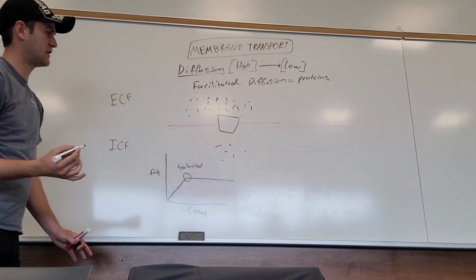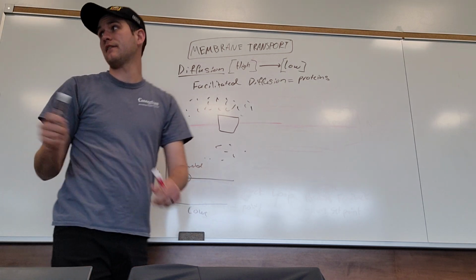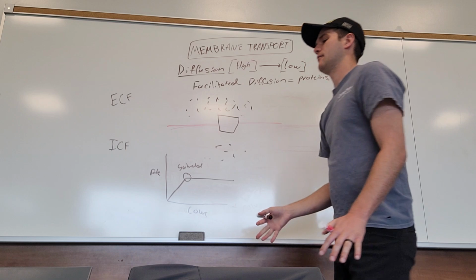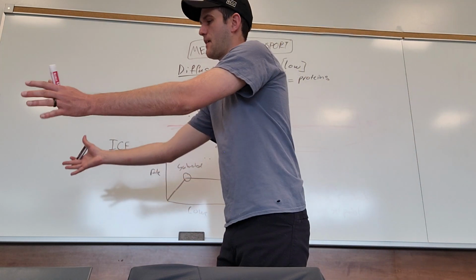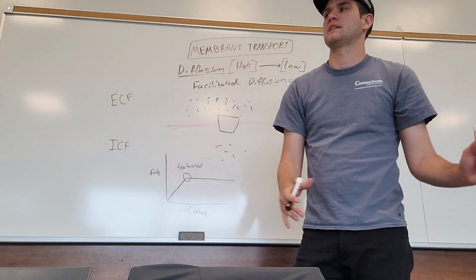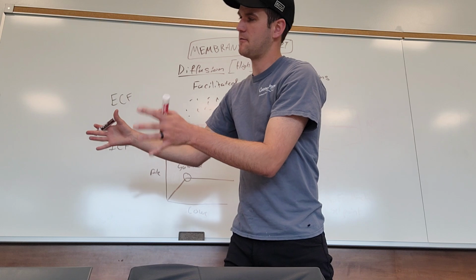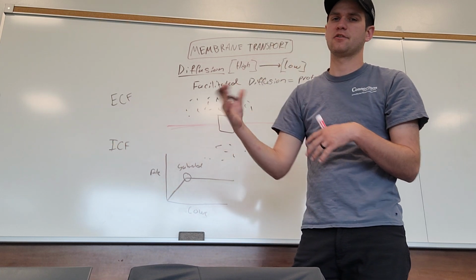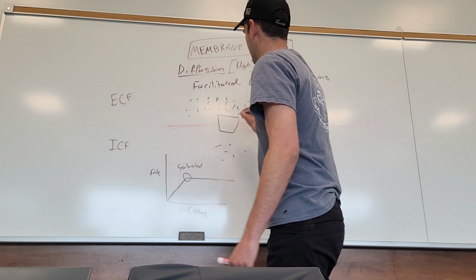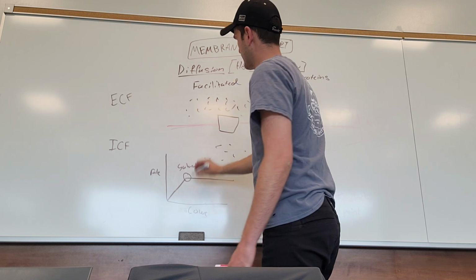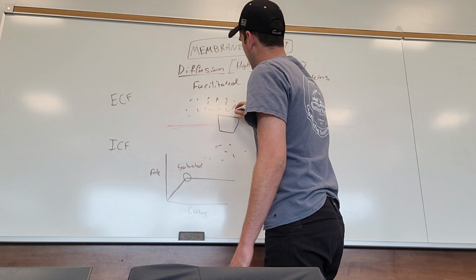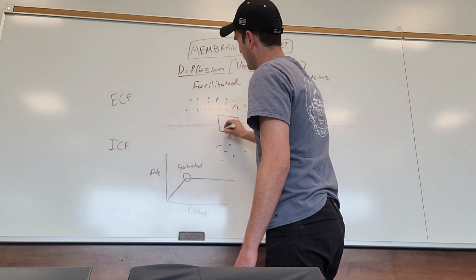So what saturation is, it's essentially like if we had this door right here, and we sent everybody out the door at once, the whole class. Everybody would kind of be stuck at the door as they started to trickle out. So what's happening is there's too many solutes right here. It's so concentrated up here, it's not able to get all of them through very quickly.